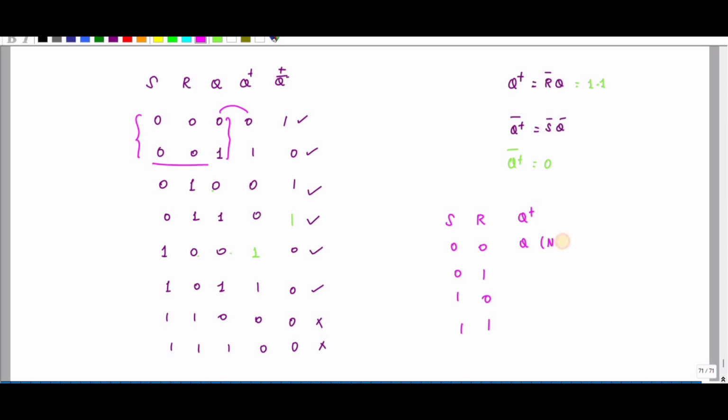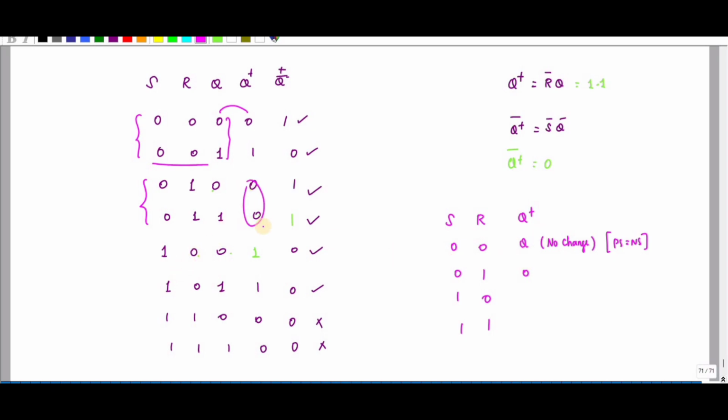Okay, so there is no change, that is, the present state is the same as my next state. So for 0 1, for whatever the value of q, the output goes to 0. That is, the next state goes to 0.